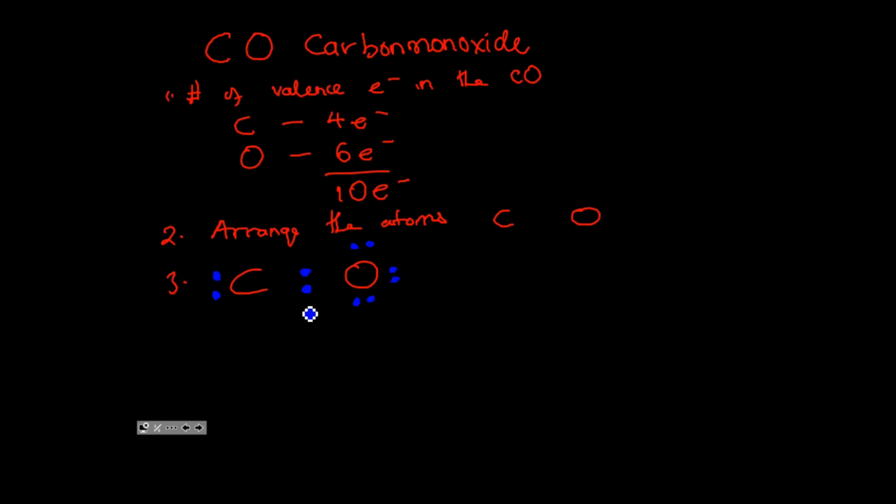Now we know from determining the type of bond that the bond between carbon and oxygen is gonna be polar covalent. So now if one of the elements does not have an octet, what we can only do is to share electrons, by donating from oxygen to form multiple bonds in there.